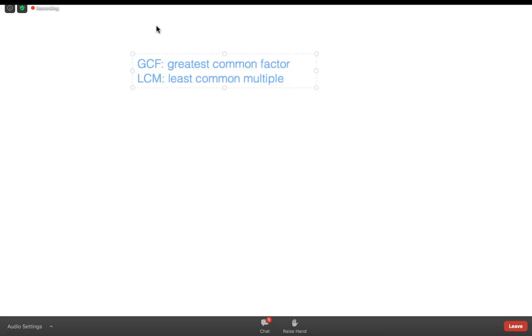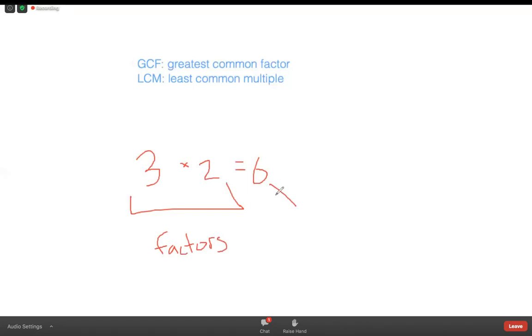So let's just go back to talking about what factors and multiples are really quickly. If we say 3 times 2 is 6, 3 and 2 are the factors. And since they multiply together to get 6, 6 is the multiple.